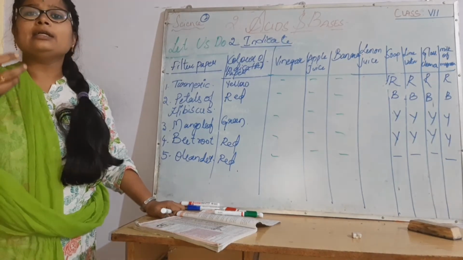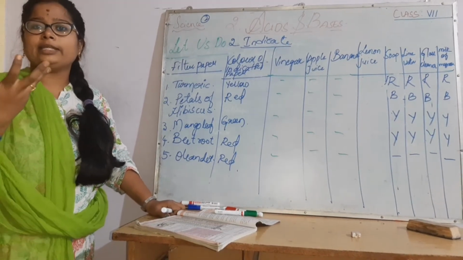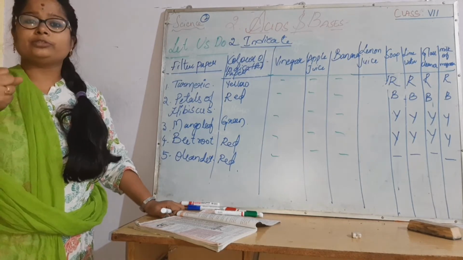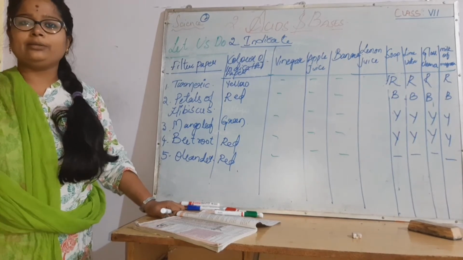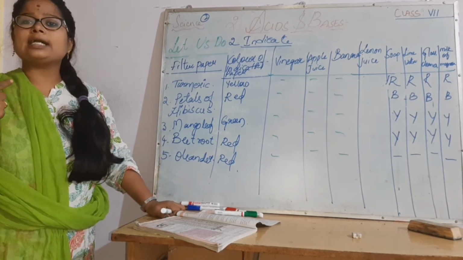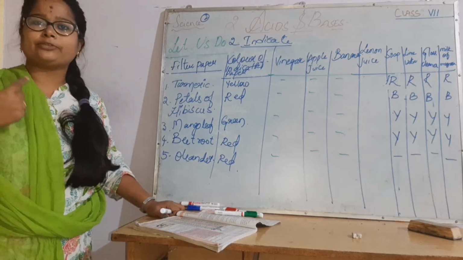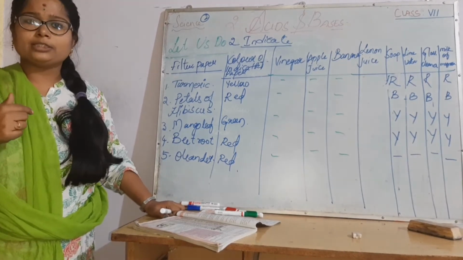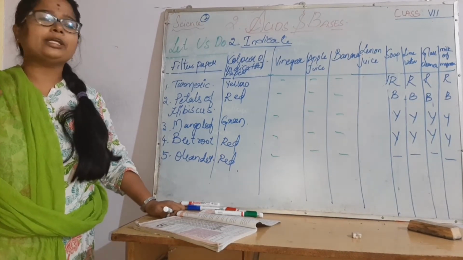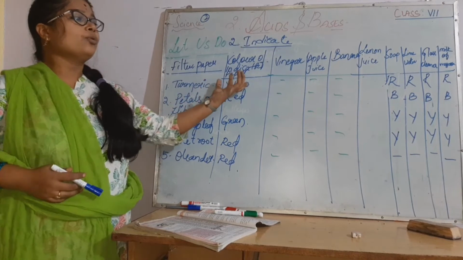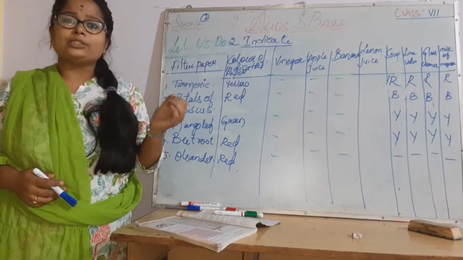Traffic signals, red, green, yellow, indicate to stop, to move, to get ready. We know it. So there is an indicator in science also, which shows something.